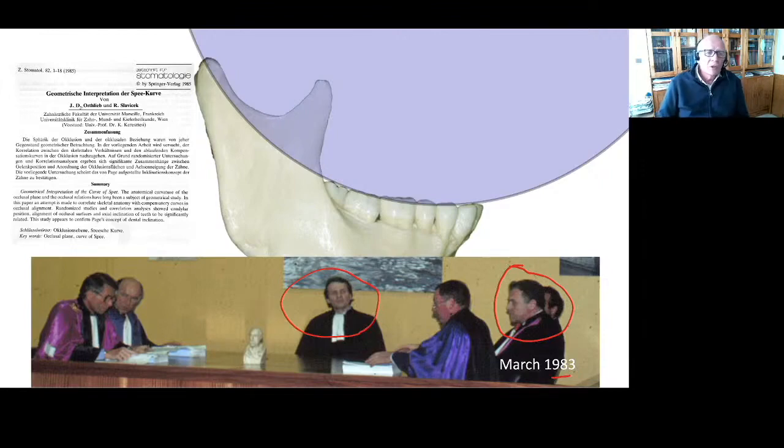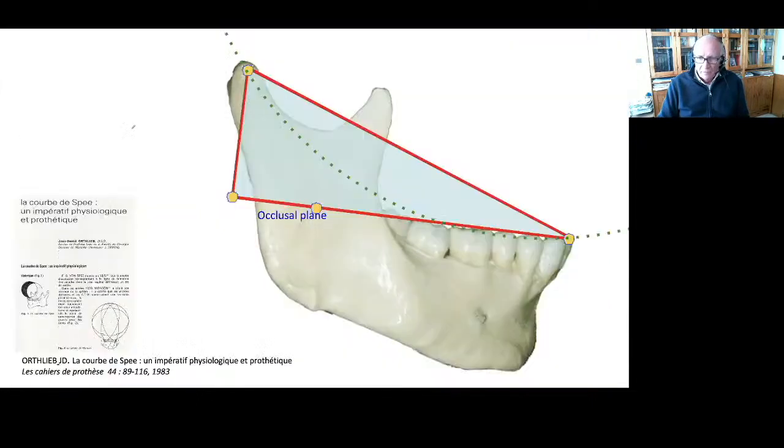And it is published, a paper that I am very proud of. It is a paper that I published at this time, 1985, with Rudy, on the curve of Spee.